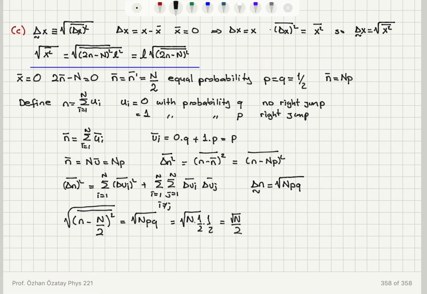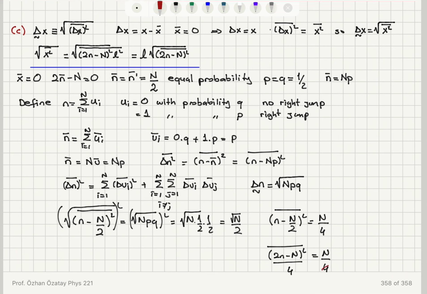So we find that n minus capital N over 2 square bar is equal to, if you square both sides, capital N over 4. So this will imply that I have 2n minus N square over 4 average value. This is equal to capital N over 4. The 4's will cancel.